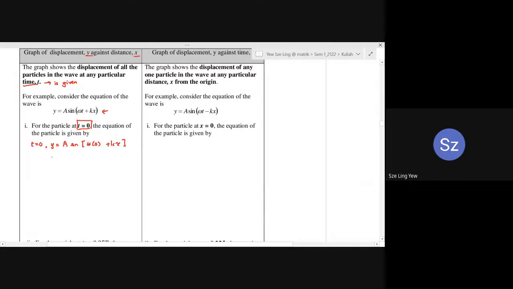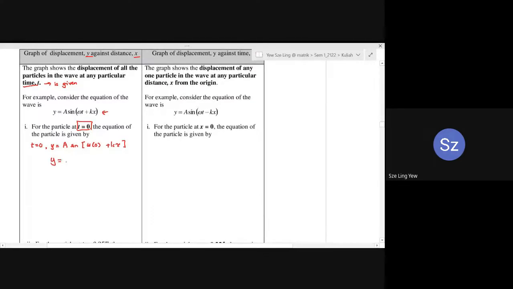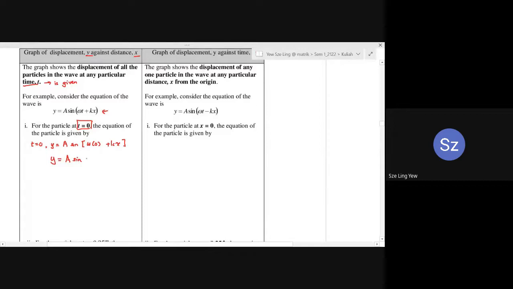Therefore, we have y equals a sine kx. Now, doesn't this look very familiar? These equations are basically the same as the equations that you have seen in chapter 9, simple harmonic motion. The only difference is that rather than sine omega t, now you have sine kx, because you're going to sketch a graph of y against x.